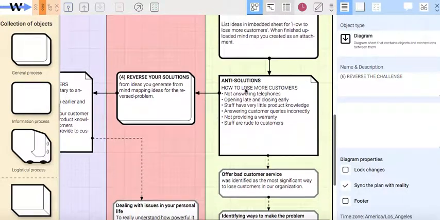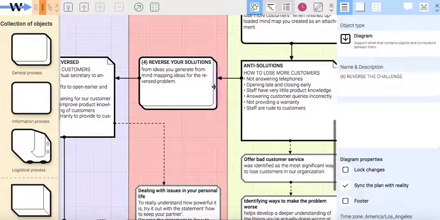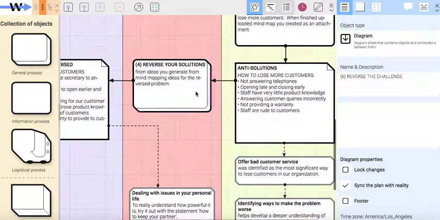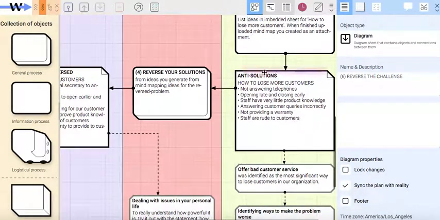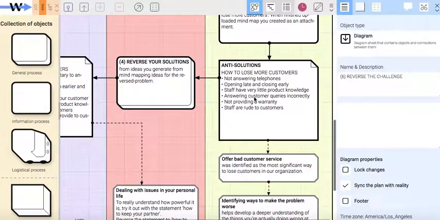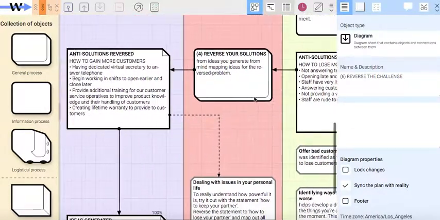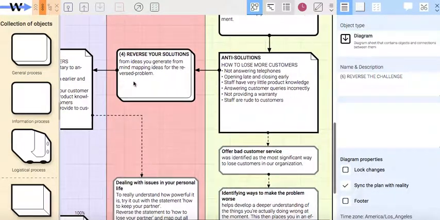Then we go to step 4, which is the inversion. Again, we're inverting the anti-solutions from step 3, going to step 4, we're reversing these solutions, okay? These are called the anti-solutions because this is going to give us the opposite of what we want, and we're just reversing it. So we have the exact reverse here from what we have here.